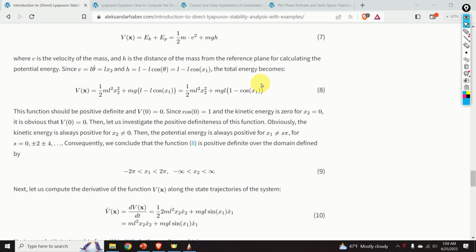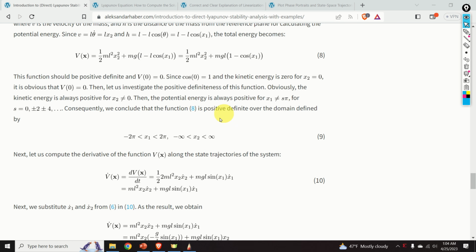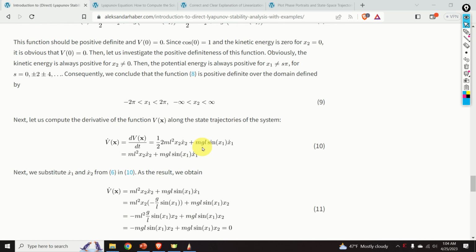Consequently, we conclude that the potential energy is positive except at the points 0, plus minus 2, plus minus 4 multiplying pi. Consequently, V of x is always positive over this domain. So x1 is from minus 2 pi to 2 pi, and x2 is from minus infinity to plus infinity.